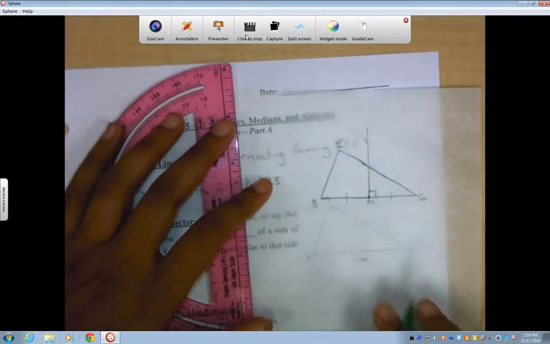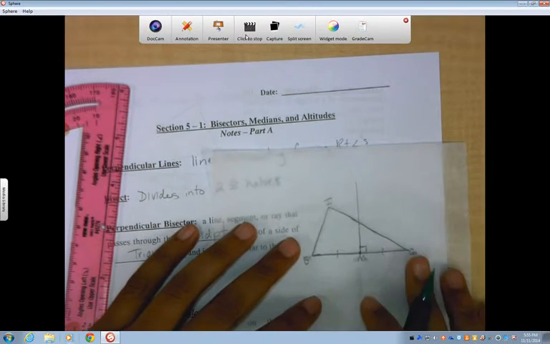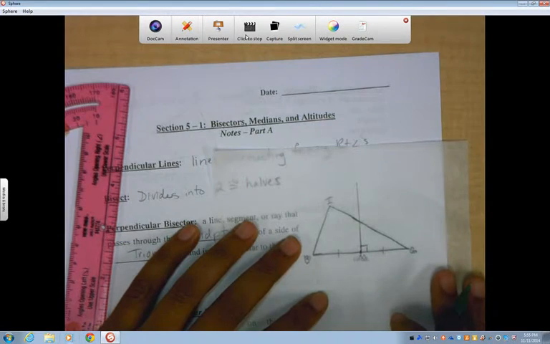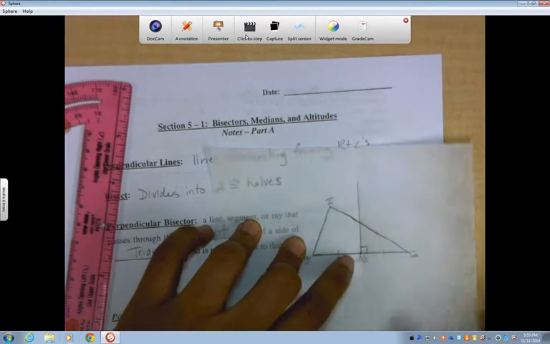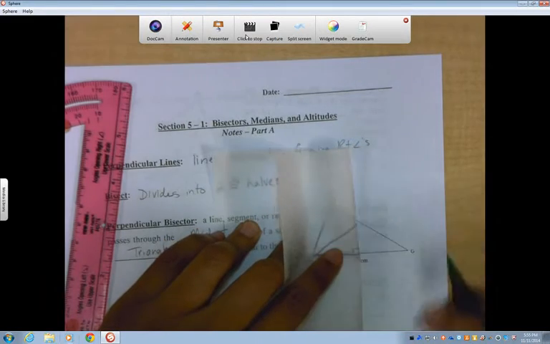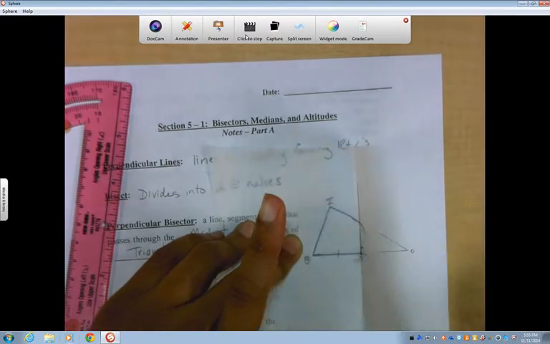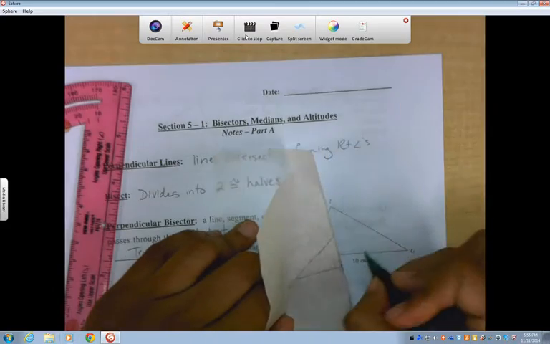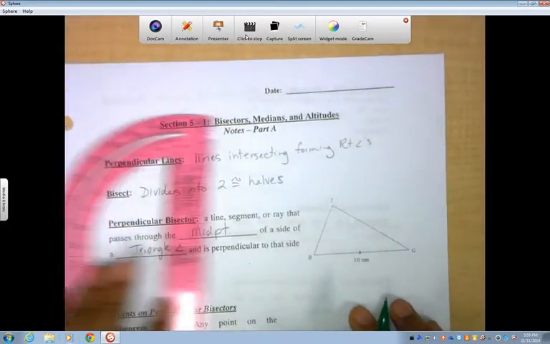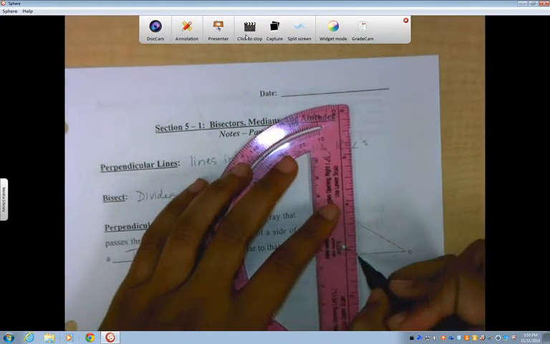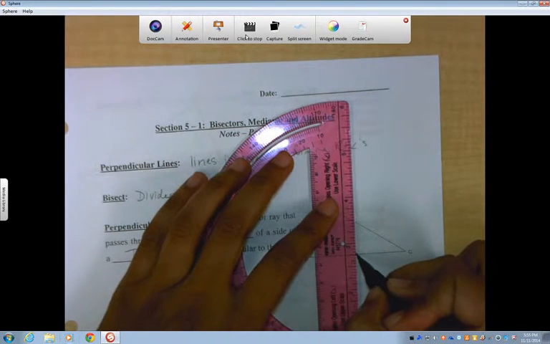So basically here's that same triangle overlaying. I'm just going to fold it, see where that midpoint should have been, and trace it using my protractor. If you have a ruler or some type of straight edge, this would help.